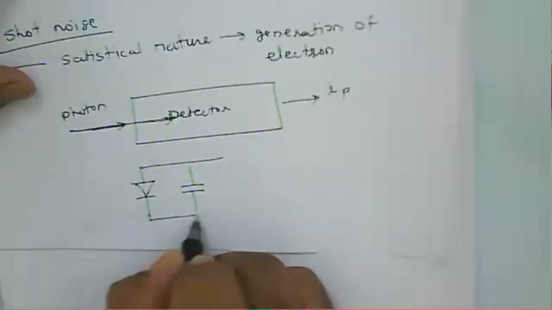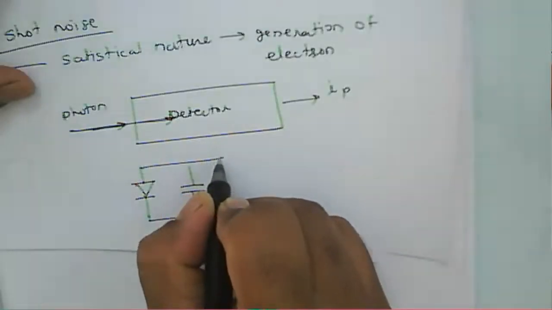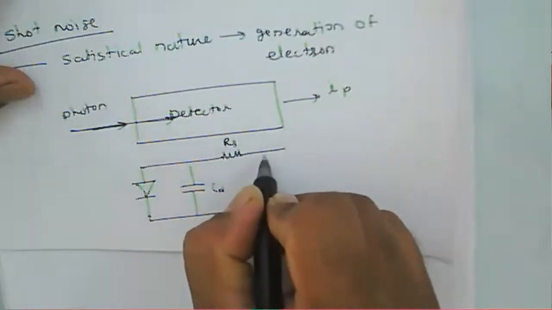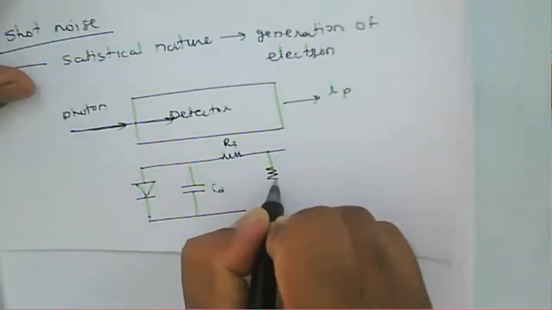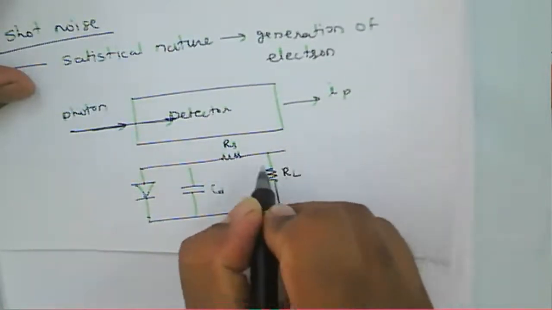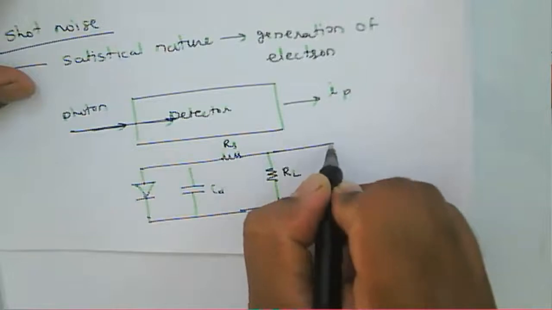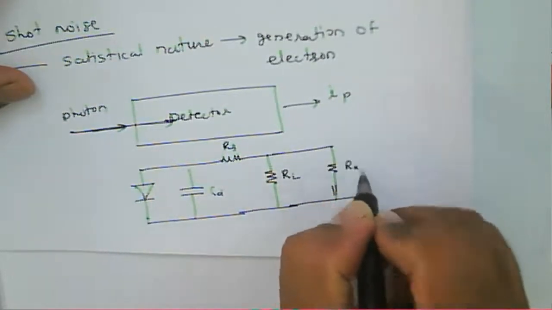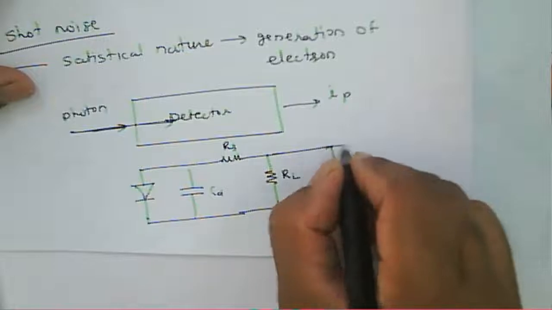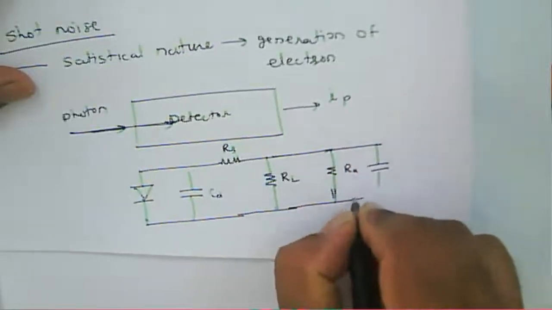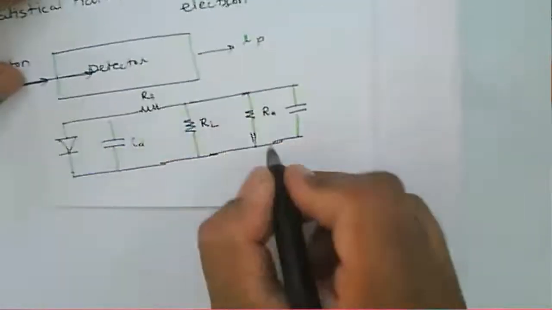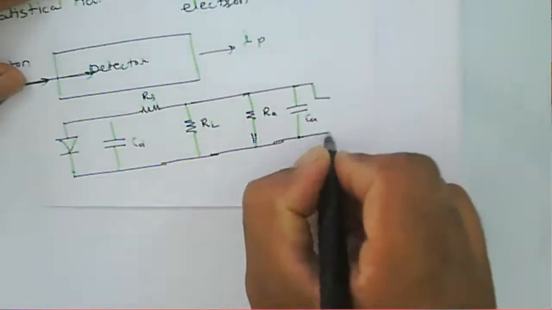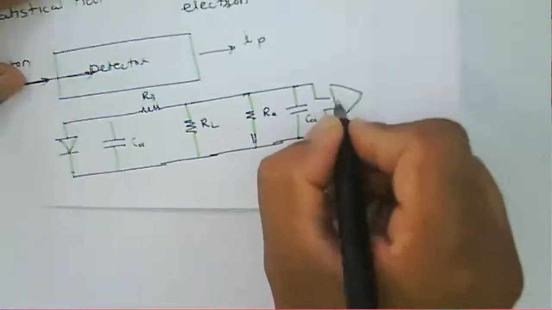This is the capacitance CD, then a resistor RS, then a load resistor RL, then we have RA here, then CA, and then the amplifier.